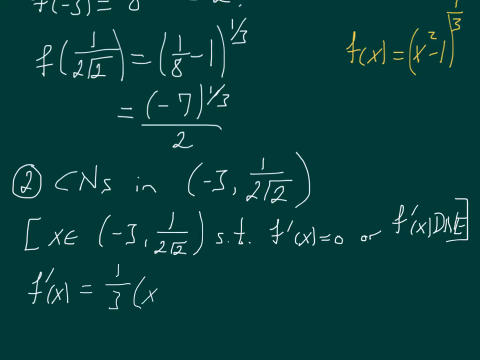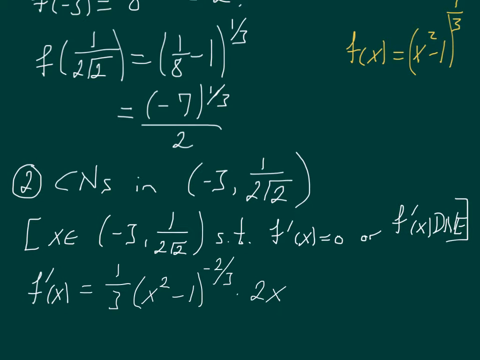Differentiating the outer function and leaving the inside, we'll have 1/3 (x squared minus 1), reducing 1/3 by 1, we get minus 2/3, and now we have to differentiate what lies inside. The derivative of x squared minus 1 is 2x.